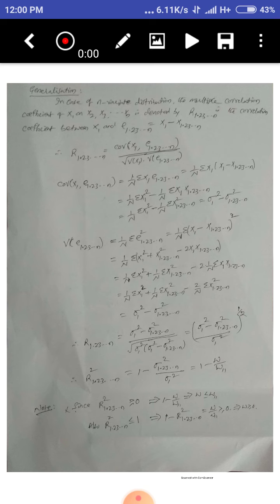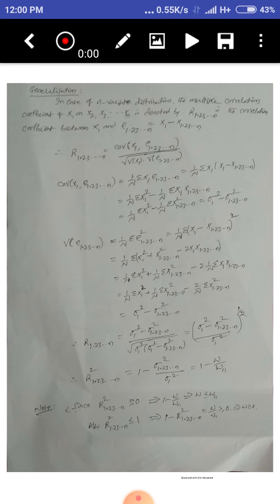So once again, the same formula and the same procedure we have to use to calculate the covariance as well as the variance. So the covariance between x1 and e1.23 up to n equals what? 1 upon n summation x1 e1.23 up to n.